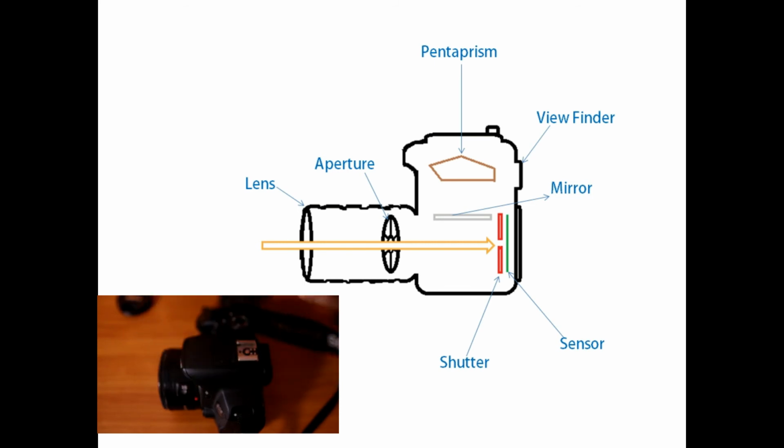It contains millions of photosensitive cells called pixels. So if you hear someone telling 24 megapixel camera, it means that the sensor can record up to 24 million pixels of information onto it. So this information is then transferred to the memory card present in the camera.